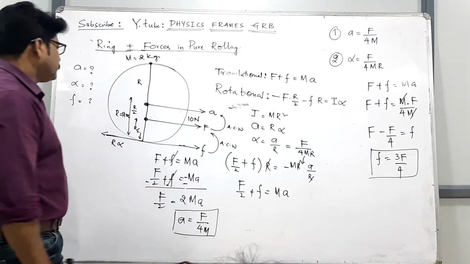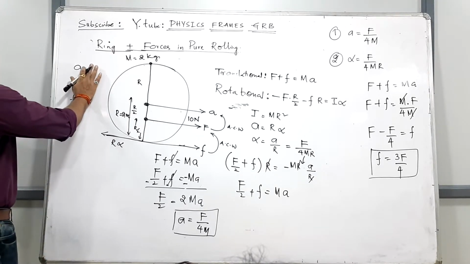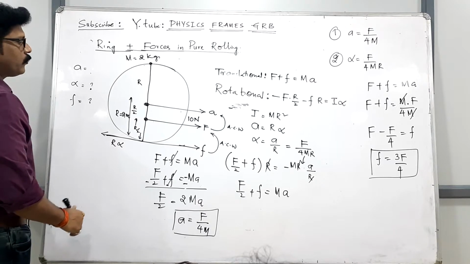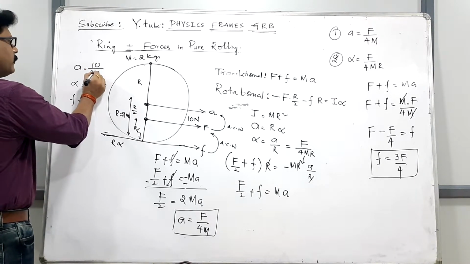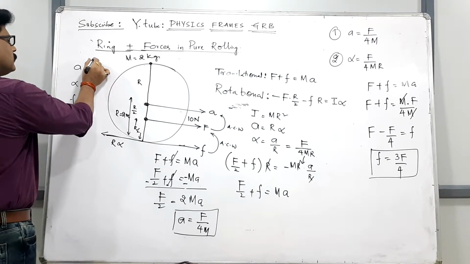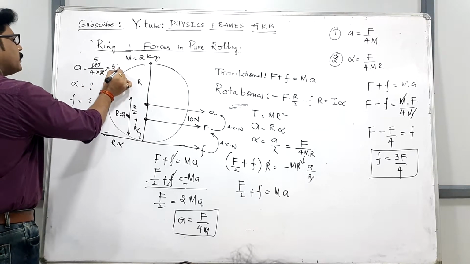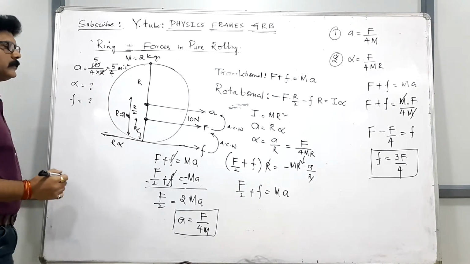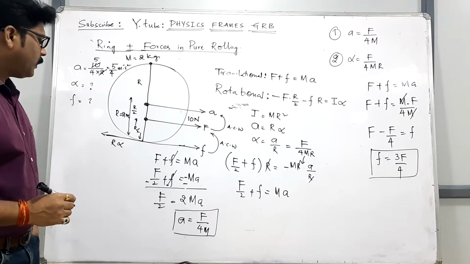So what will you be getting here? Acceleration A equals F by 4M. F is 10, so 10 by 4 into M, M is 2. That is nothing but 5 by 4 meter per second square. Now what is the value of alpha?